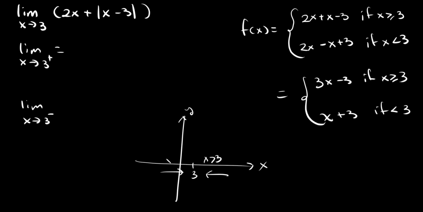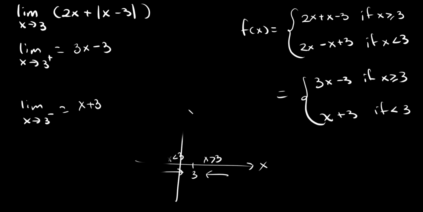And if x is approaching from the left, all of my x is going to be smaller than 3. I hope you know where this is going. So when my x is bigger than 3, my function is 3x minus 3. And if x is smaller than 3, my x is approaching from the left, so it's going to be x plus 3.